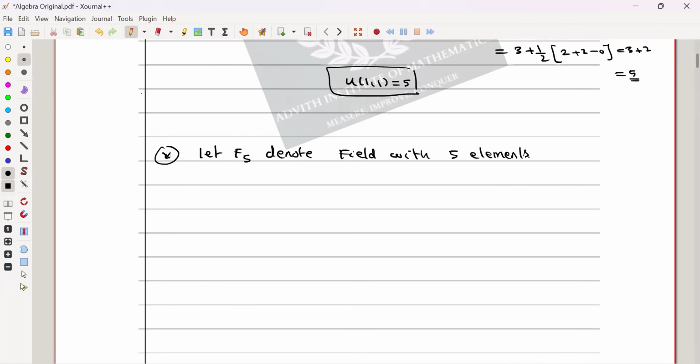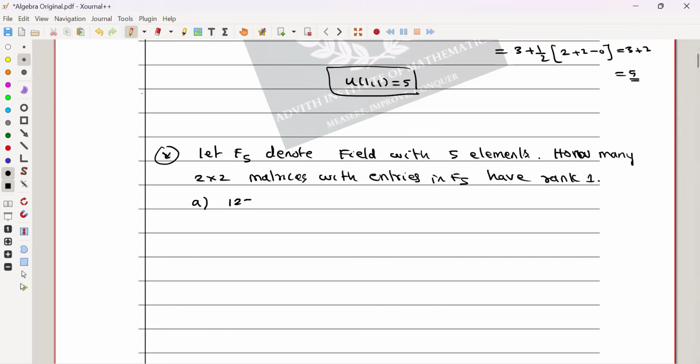How many 2 by 2 matrices with entries from F5 have rank 1? The options are A) 125, option B is 144, option C is 145, and option D is 480.